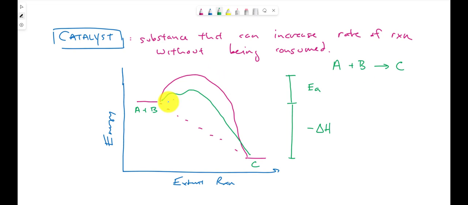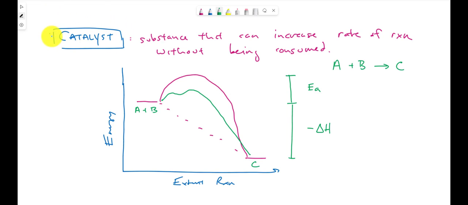That might be a multi-step reaction, it could be a single-step reaction, but the idea is that the high point of this curve is now lower than it was before because of introducing this other substance. This substance could be a chunk of metal like platinum or palladium or iridium, like the ones you find in catalytic converters. It could be another molecular chemical. It could be a variety of things.